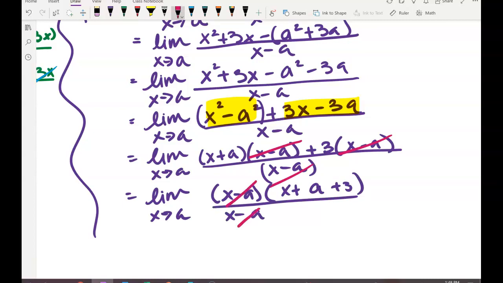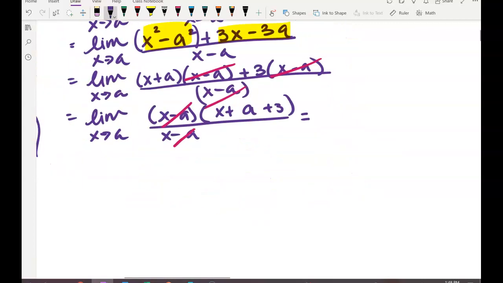But as you can see, now if x is approaching a, by substitution, let's pretend that this is a value of 5. If x is approaching 5, every time we see our x, we need to plug in 5. But we don't know what a is since it didn't really give it to us.